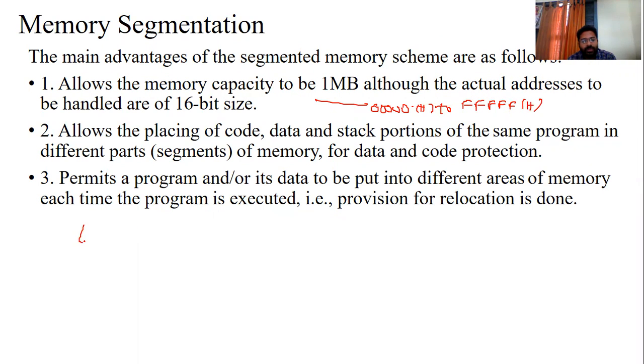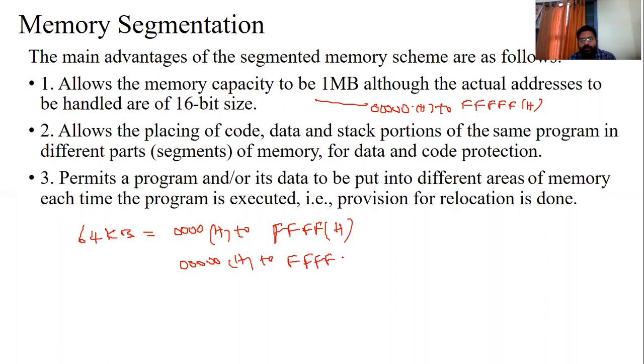Then what is 64 KB? Four digits are enough to represent 64 KB: 0000H to FFFFH. Or you can represent it in 5 digits, 00000H to FFFF0H. This is the 64 KB memory location, and this is the 1 MB memory location.